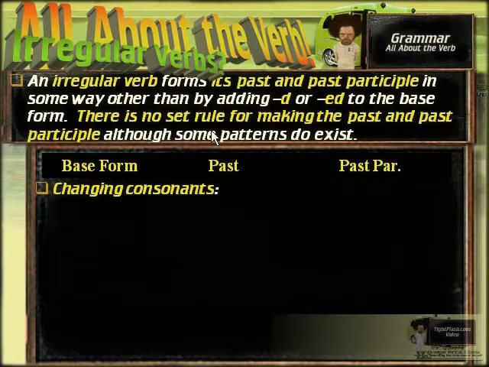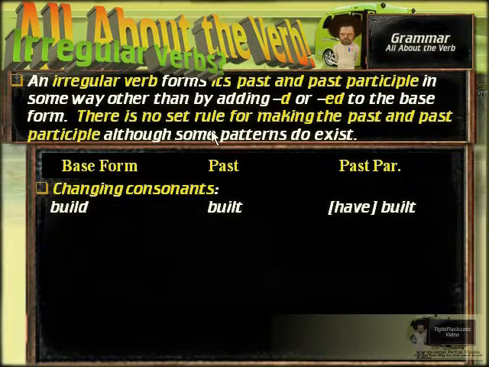All right, now with an irregular verb, when you try to make it into a past or past participle, you have to do something other than what is normally done. For instance, the word build becomes built, and in turn becomes have built when you're talking about the past participle.